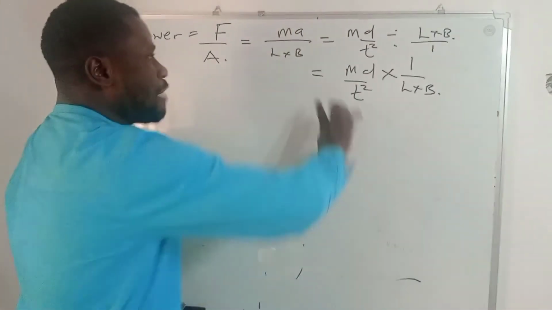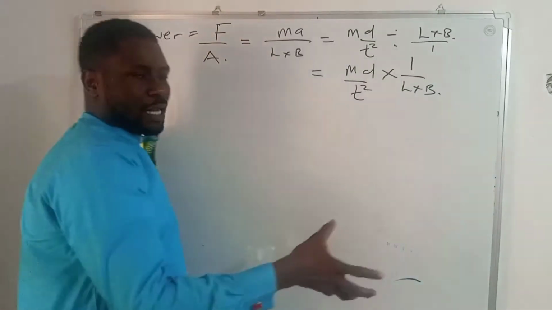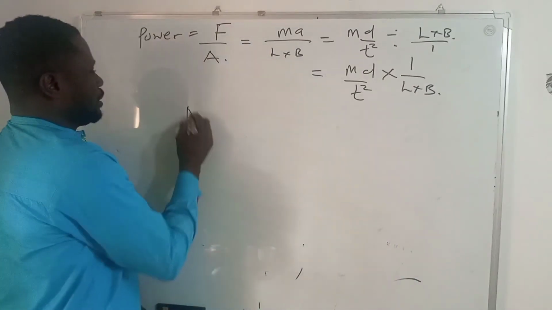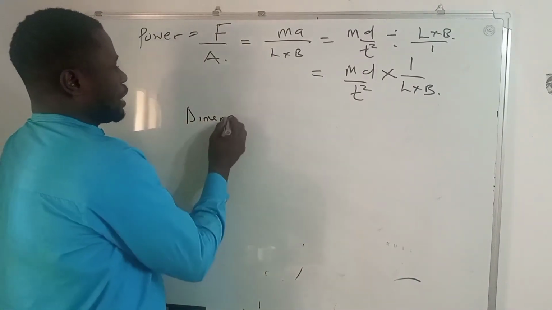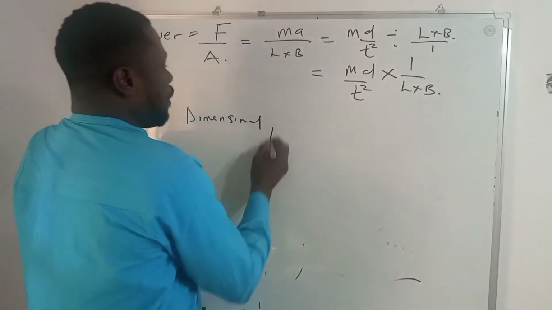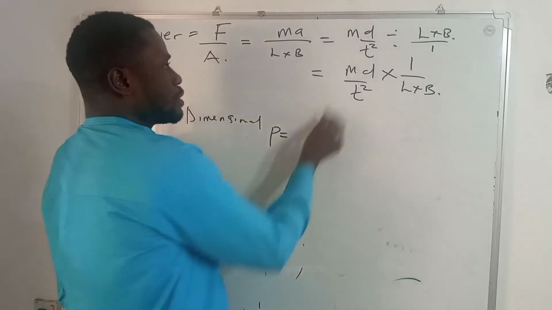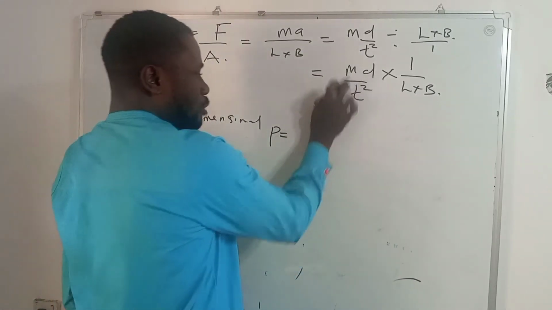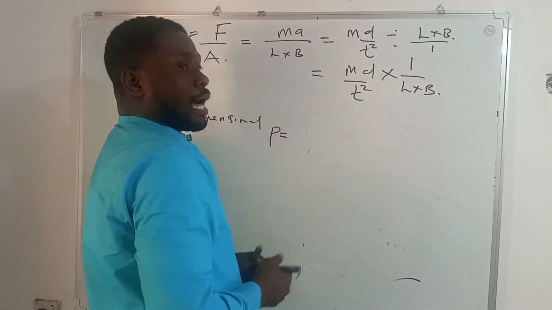So at this point, everything that makes up power are all fundamental. We'll now say dimensionally, we are looking at the dimension of power. The dimension of power at this point becomes the dimension of mass. This small letter m represents the mass.